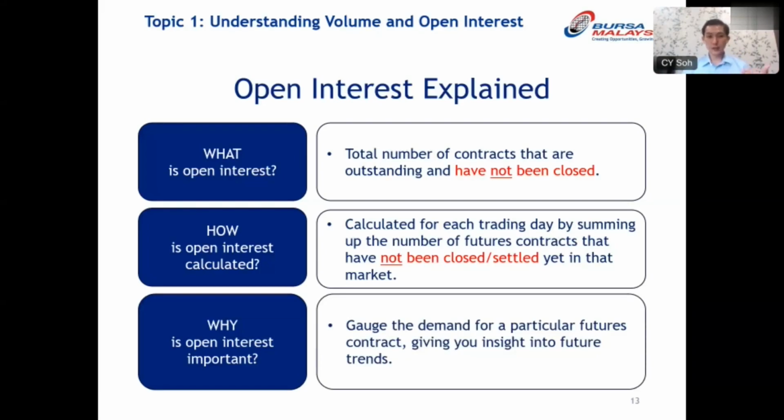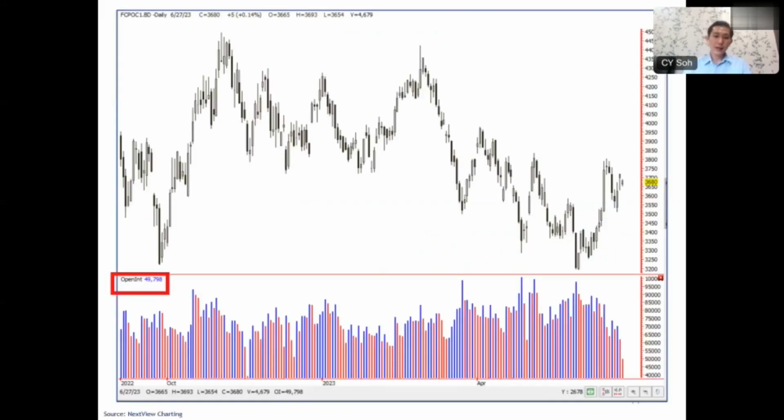For example, if an intraday trader trades 100 lots in the market and by the end of the day closes 100 lots, they create 200 trading volume, but they create zero open interest. Something very different for the futures market is that we are interested to know how many people still remain in the futures market and are still holding, whether it is their long position or their short position.